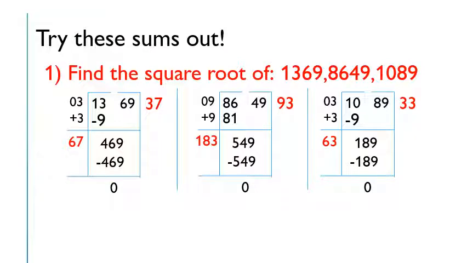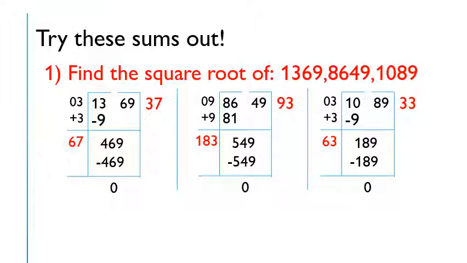So 549 is in the dividend's place now, and one more units digit with a number that might be between 180 and 190 must be in the quotient's place also, and it must give you the same answer in the dividend. So in this case the only number that works is 3. So we put 3 in the quotient's place and the divisor's place, and the answer we get for that is 93.